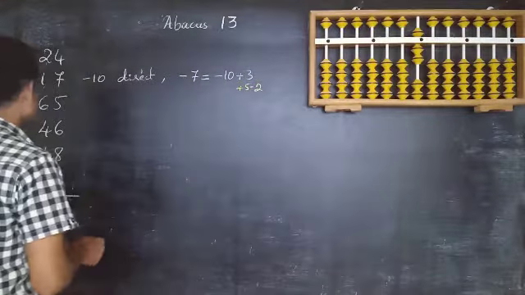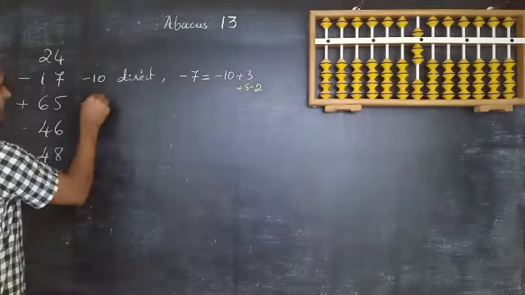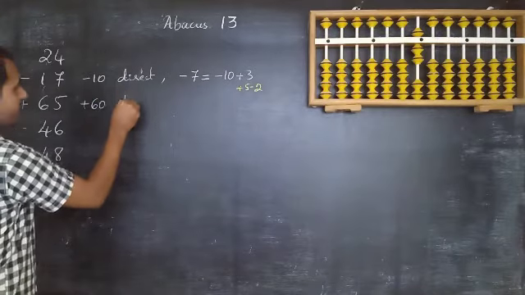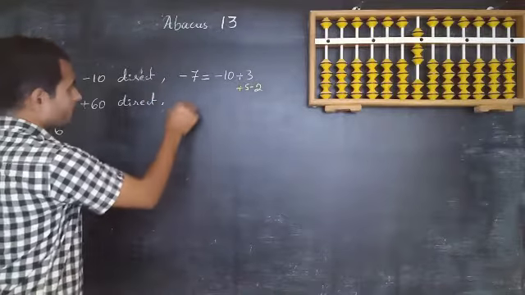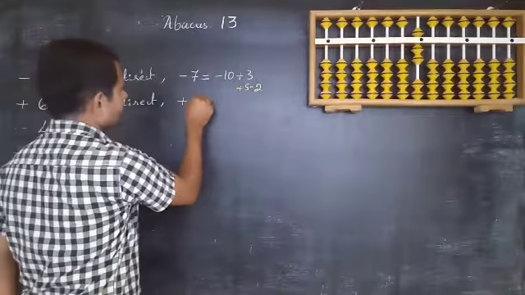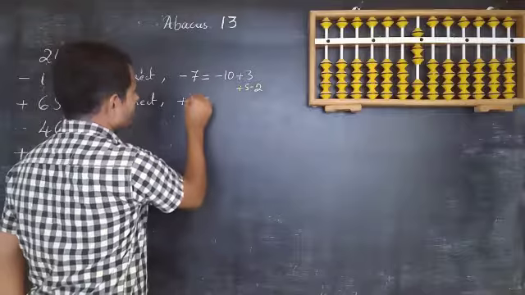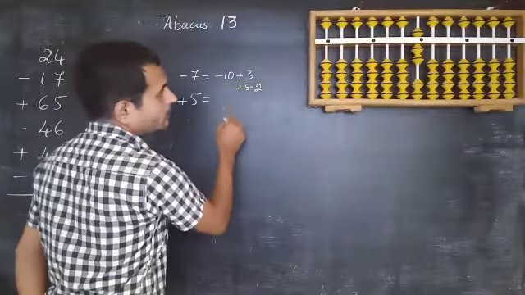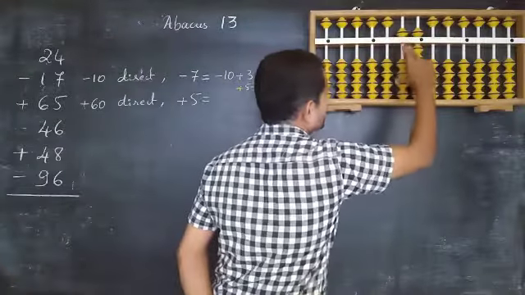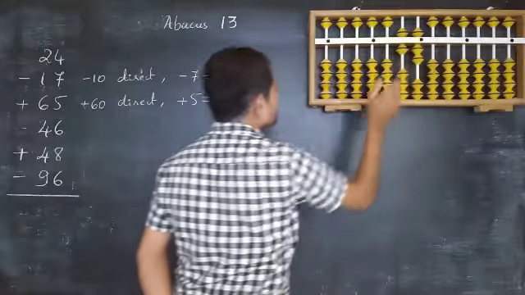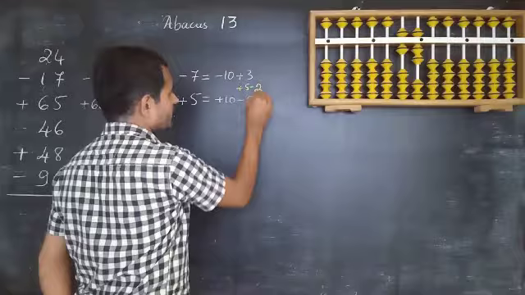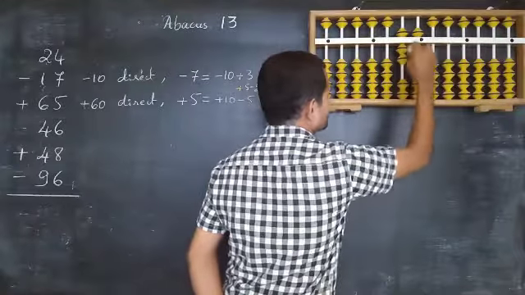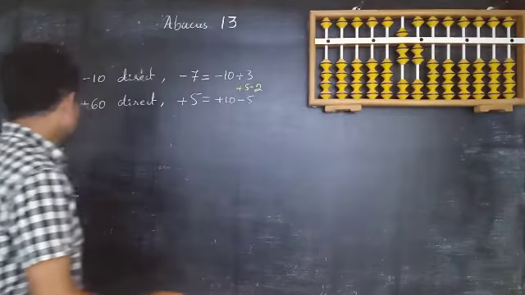Next is plus 65: plus 60 direct, plus 5 is equal to plus 10 minus 5, right?